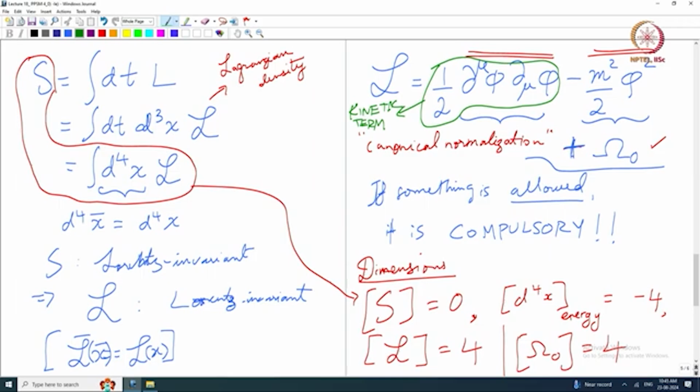Why? Because that's what gives rise to the kinetic energy term in the equation of motion. So this I can simply call the mass term for obvious reasons, right? This I can just call a constant term. There's always a constant term that you can write.